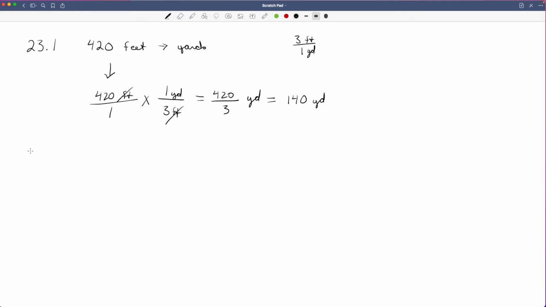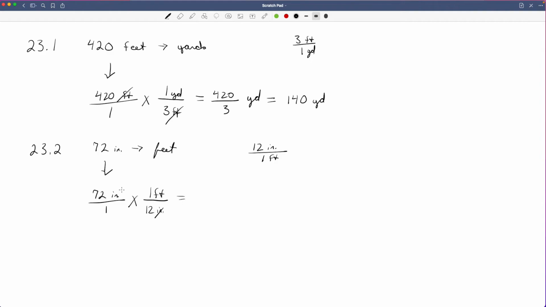All right, let's do another one. We'll do it just right below here because these don't take up a whole lot of room just yet. We're going to use a unit multiplier to convert 72 inches to feet. So I need my unit of reference for inches and feet. I know that 12 inches equals 1 foot. So now I can write my fraction, 72 in over 1 times, and I need to put inches in the bottom, so 1 foot on the top and 12 inches in the bottom.